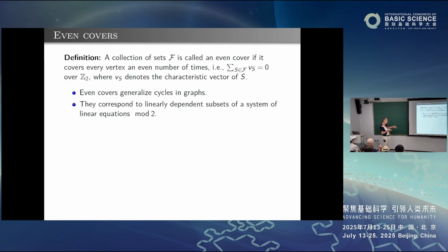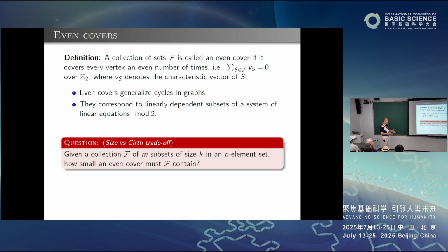They also correspond to this: imagine you have a system of linear equations mod 2, then an even cover corresponds to a linearly dependent subset of equations. And therefore it's a natural question here. If I give you a collection, and let's say for today's talk, all sets will have the same size k, and I tell you that you have m sets, I want to know what is the smallest even cover you can find.